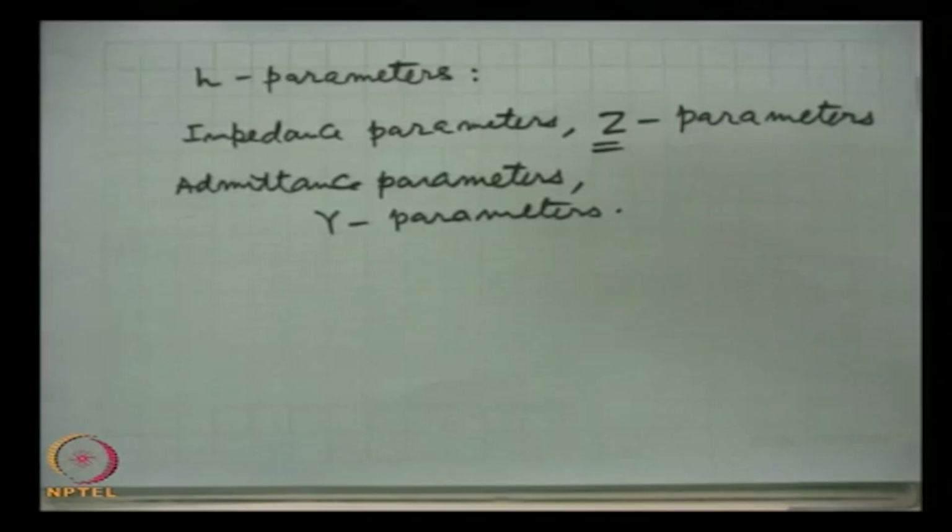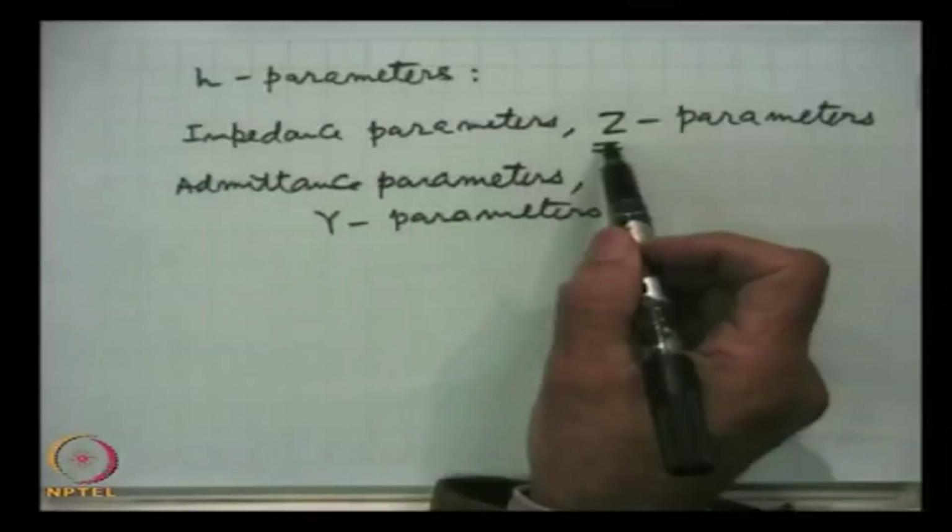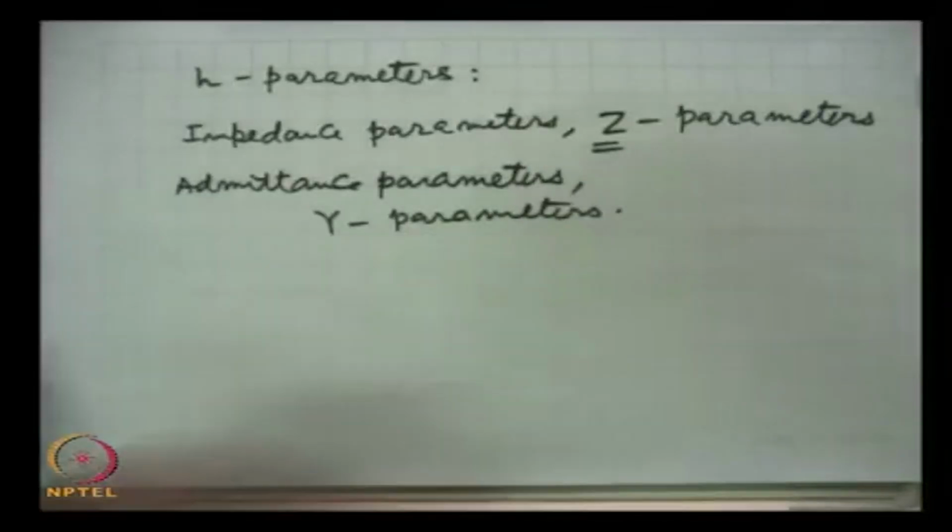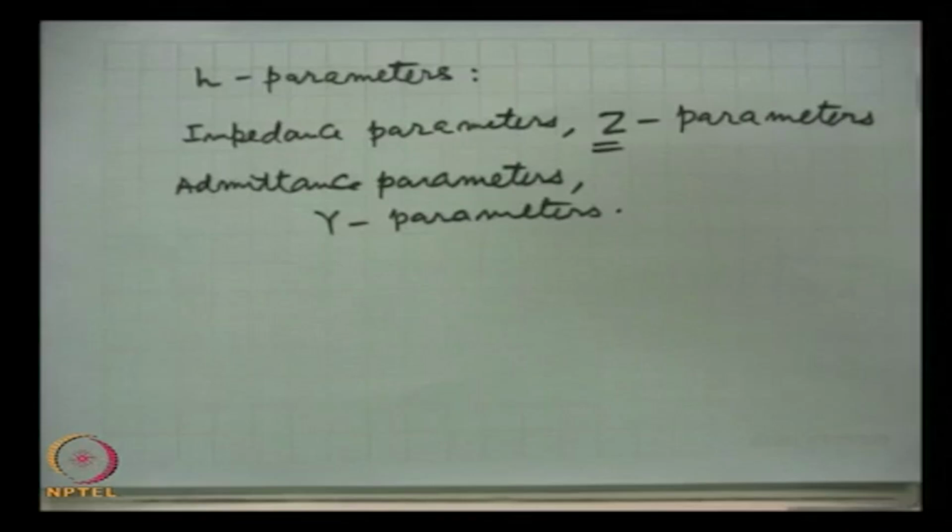So, there were 4 Z parameters and 4 Y parameters, and they were able to give the estimation of all the 4 quantities of interest: the 2 impedances, input and output, and 2 gains, the voltage gain and current gain. But when the transistor was invented, there was a problem in measuring these parameters, either Z parameters or Y parameters, for the transistor.